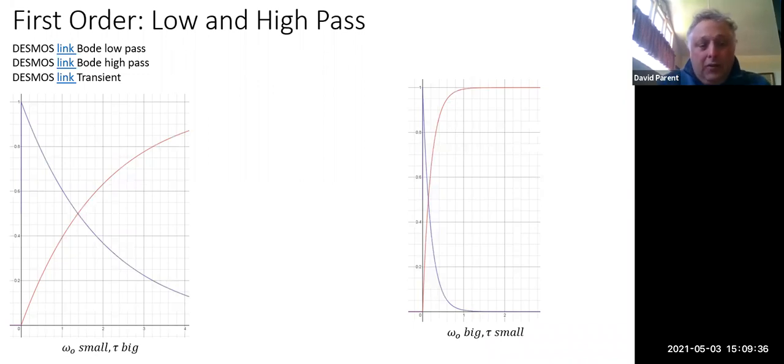All right. So here we have our low and high pass filters. And the high pass goes to 1 and decays in 5 tau. The low pass starts at 0 and increases to 1 in 5 tau. All right.